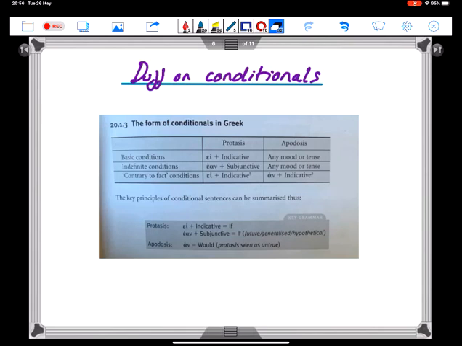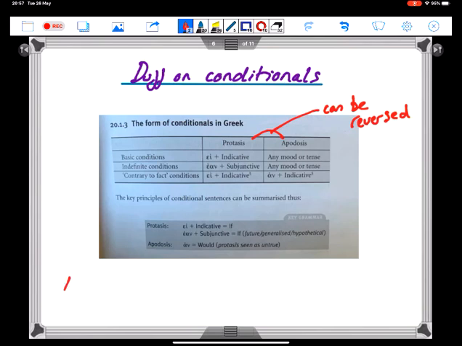One thing that he notes that you might also want to note is that we don't need to have the protasis and apodosis in that order. So they can be reversed. So if you see a conditional, you do need to think, is this looking forwards or backwards? You might also not use the word if in English.